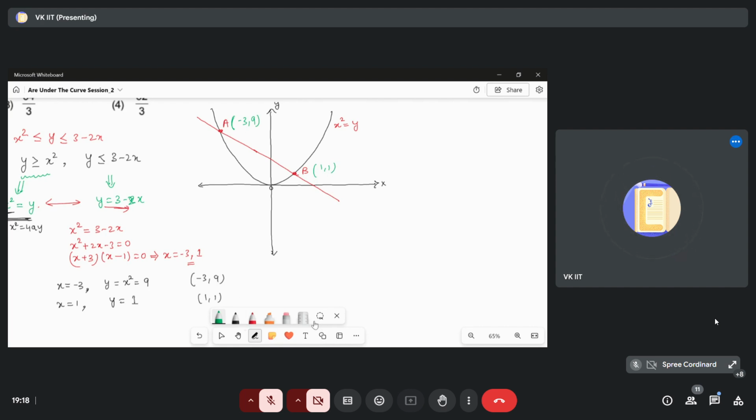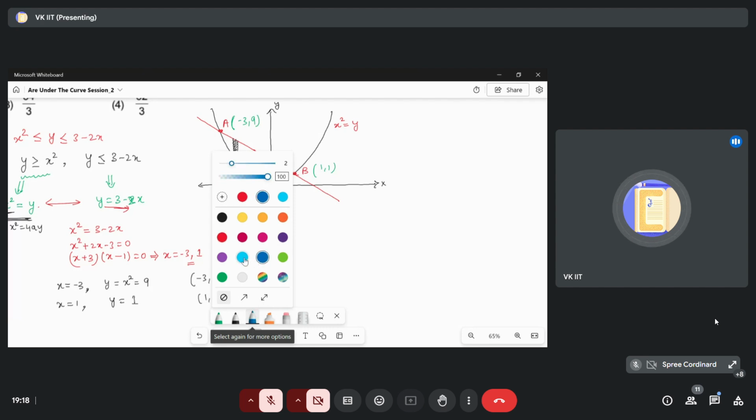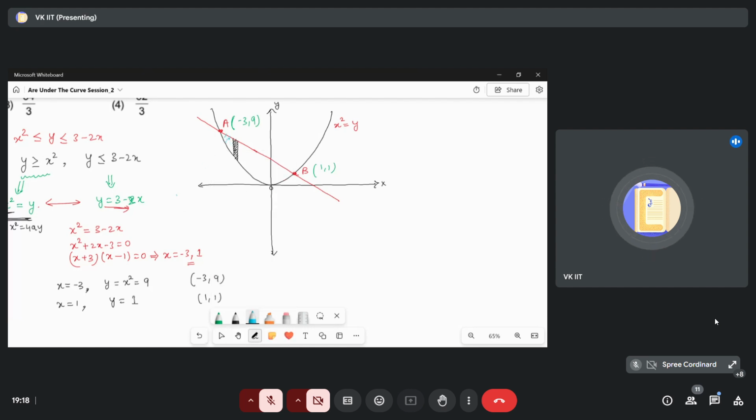All clear? Now can't you take a vertical strip directly, and find out the area? There are two curves here, right? So let's say this is your vertical strip. By the way, your required area is this one, this blue color shaded region, right?